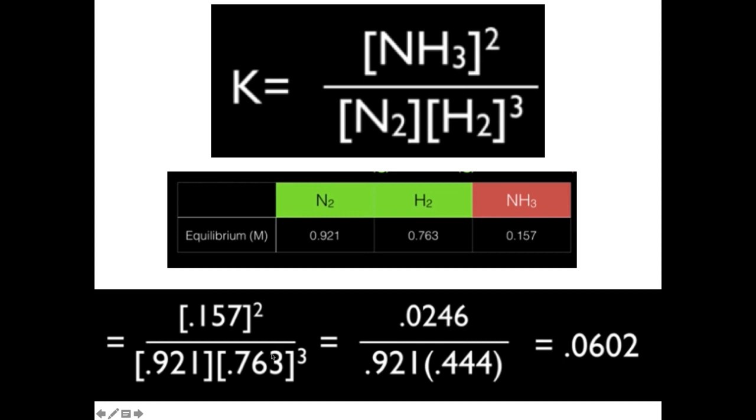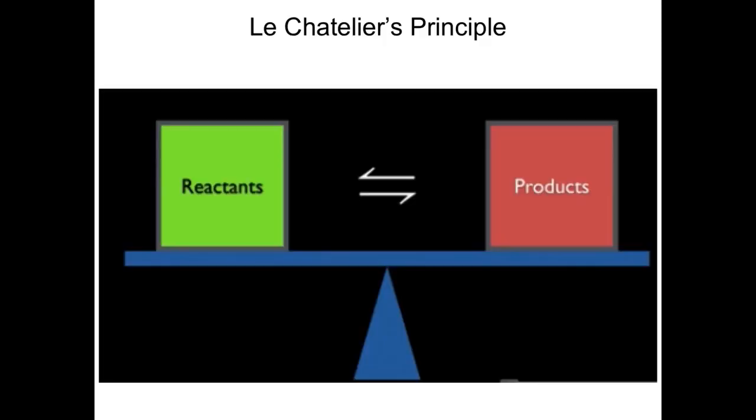What will happen is then you'll do this one squared over here, this and this over here. And then when you do the calculation, once everything's cubed and squared, you're going to get 0.0602.